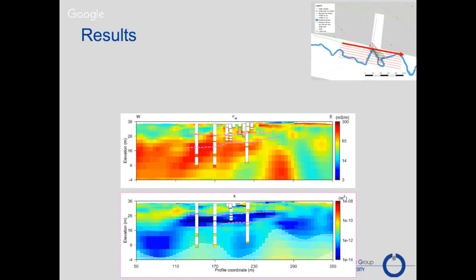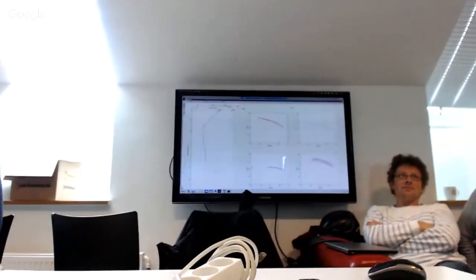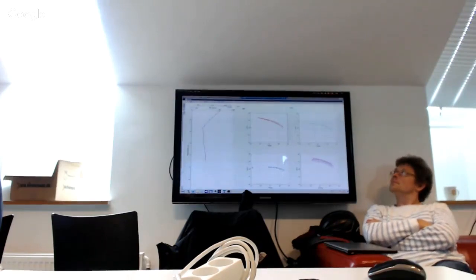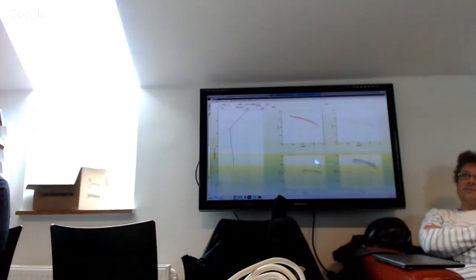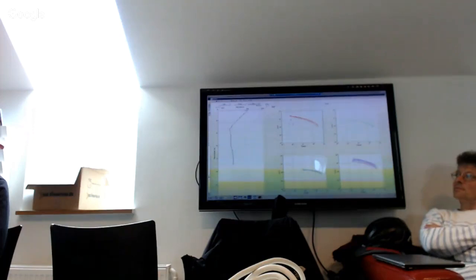So this is one profile, 600 meters long, 5-meter spacing, acquired on the landfill. In the pseudosection, we divided the section in a vertical column every 5 meters and we look at the decays. On the left we have the resistivity with the pseudo depth, and on the right we have the decays, color coded. The colored ones are the data, and the black ones are the fit.